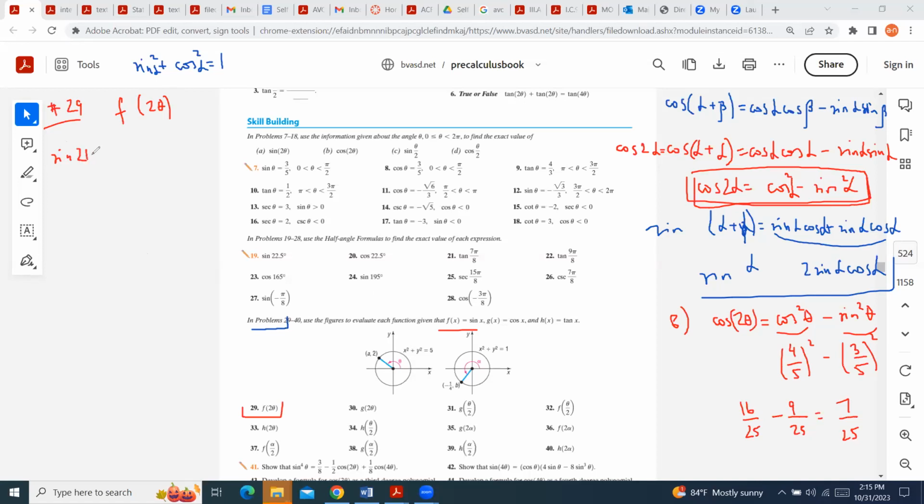I don't know why they use function f, it's just to make it look longer, but still it's the same formula, 2 sine cosine. And that's a great start. So now I have to figure out about angle theta, which is here. So right now I'm not using this picture, it's for some other exercises when they deal with angle like alpha. So they could have been 2 separate problems, but for some reason they decided to mix it all together. I don't know why, just I guess for fun.